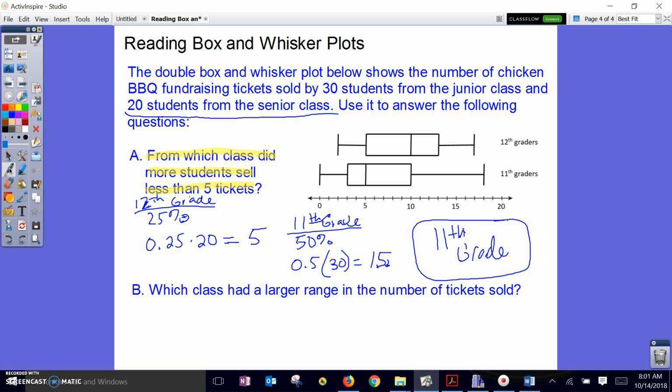So the range for the 12th graders goes from here to here, and the range for the 11th graders goes from there to there. Which of those intervals is wider? We can very easily see that the yellow highlighted range is a little bit bigger than the pink highlighted range, and so which class had a larger range in the number of tickets sold? This was again the 11th graders.